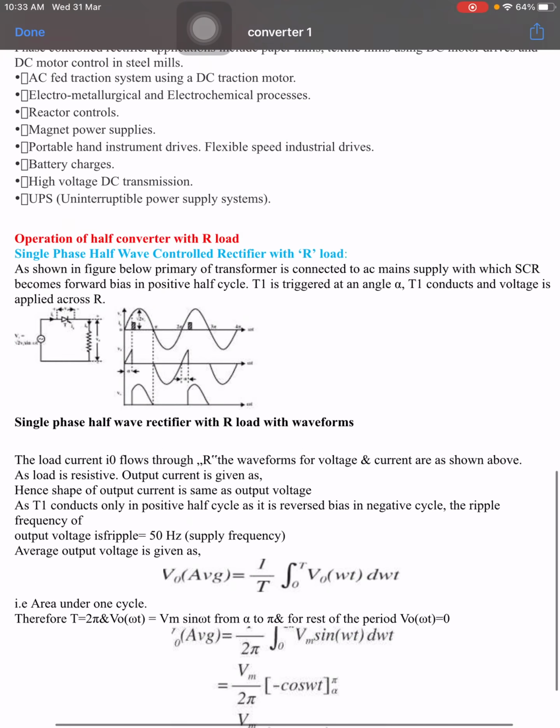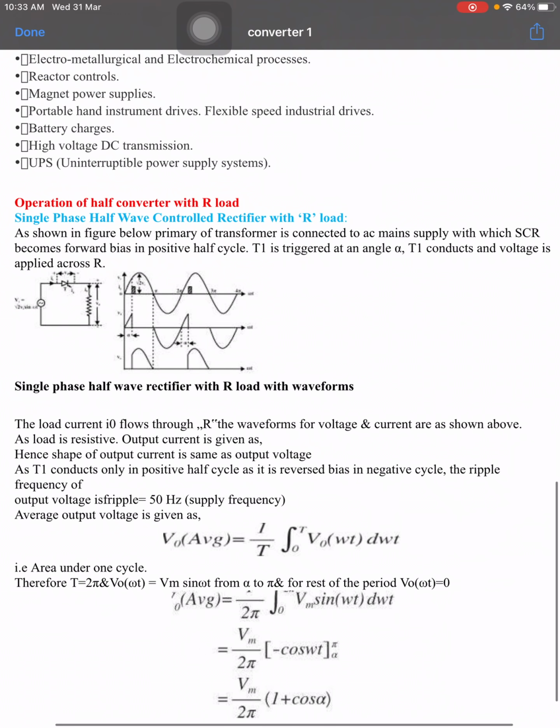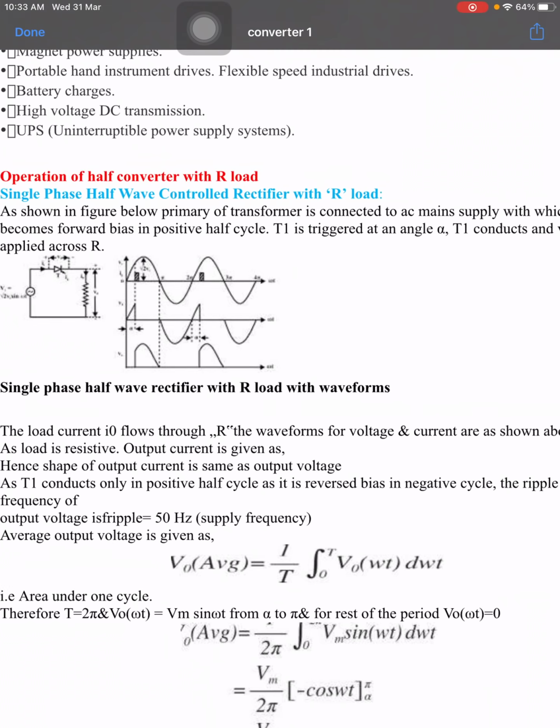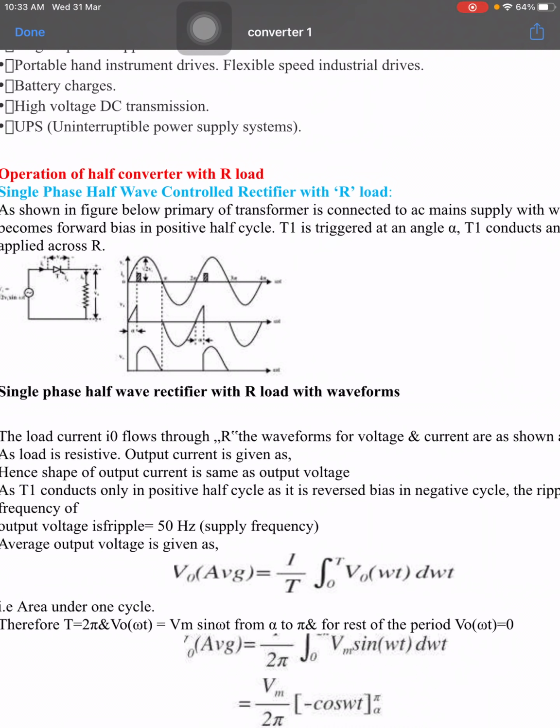angle. So when you observe this diagram, let me know the thyristor we are considering. Here when you observe the waveforms, we have 3 waveforms. The first waveform represents the supply, a sinusoidal waveform with positive half cycle and negative half cycle. The second diagram represents the thyristor voltage.